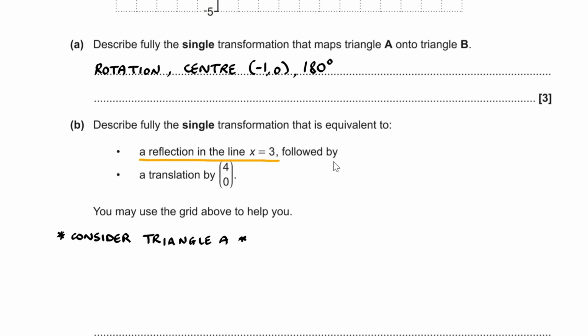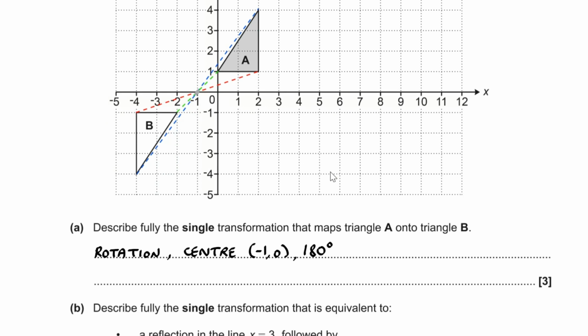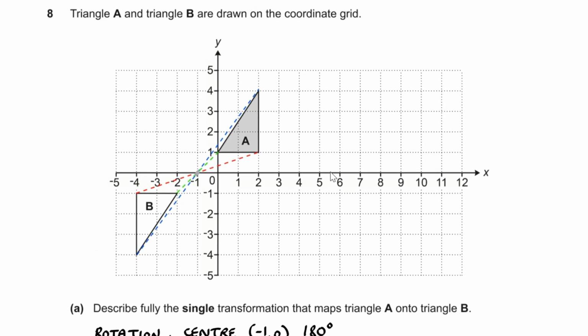So if we carry out that reflection, you can see here we've got the line x equals 3. And then the shape we get from that will be the following. We have this shape over here.